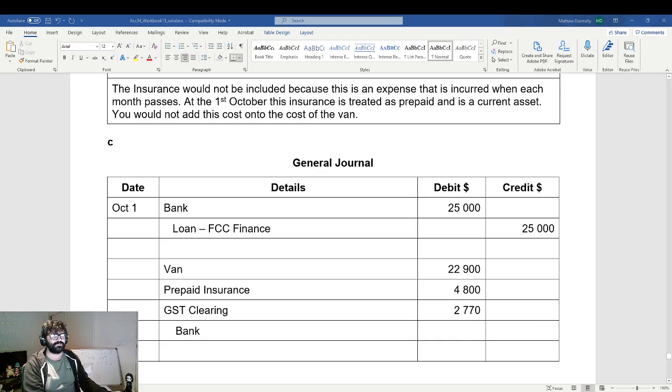Then we just need to add on our numbers. So we go 2770 plus 27700 plus 4800, yep, I've put the wrong number in. We should have 4800 plus 2770 plus 22900.